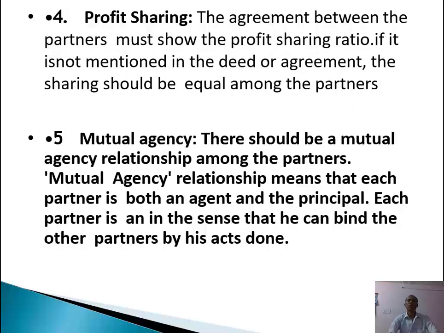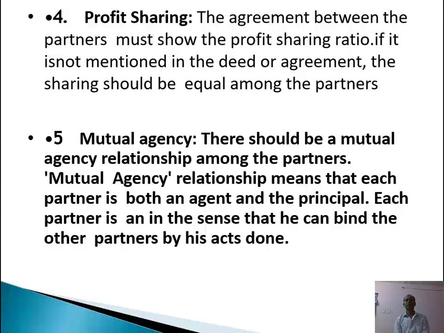Fourth one, profit sharing. The agreement between the partners must show the profit sharing ratio. It should be mentioned in the deed what proportion of profits or losses should be shared among the partners.